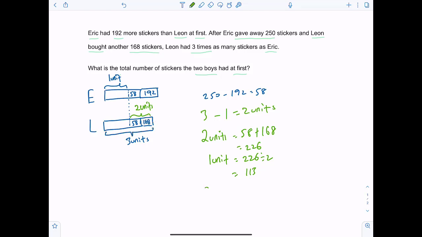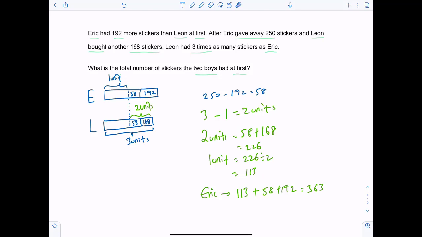So let's find for Eric first. Eric at first had that 1 unit plus 58 plus 192. 113 plus 58 plus 192 will be 363. That's what Eric had at first.